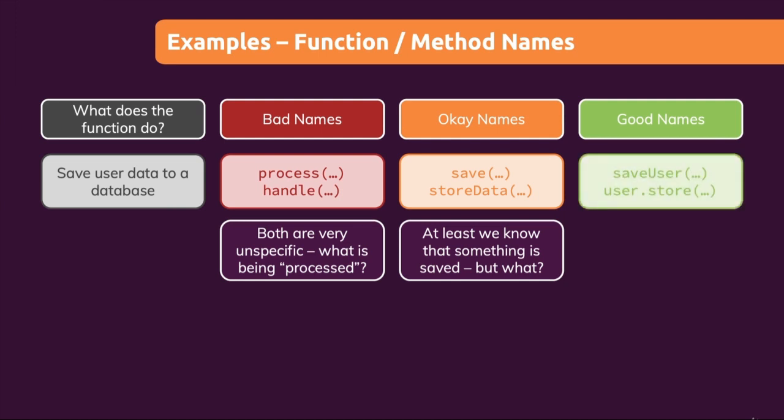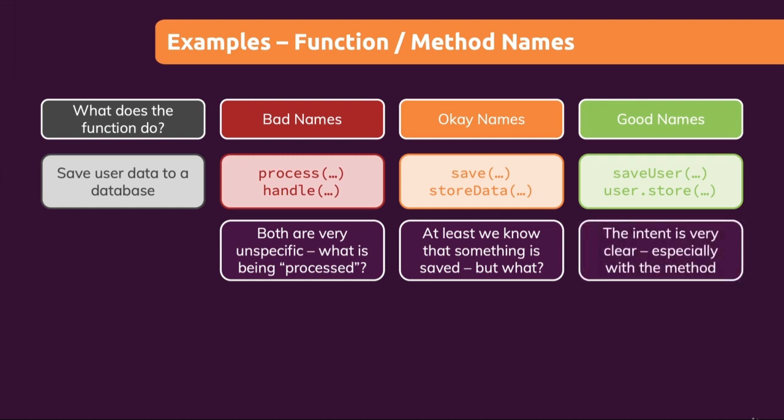For example, saveUser, or you use what I just said, and you instead make that a method on a user object, which now again makes it very clear that it's probably this object which is being saved. Here the intent is very clear, especially if you use the method approach. And again, just as before, we are going to see more examples throughout this section.